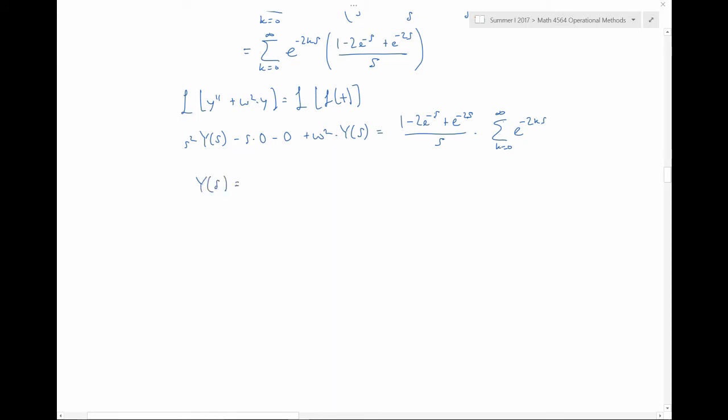Solving for y of s gives us the following. And all we need to do now is to invert this Laplace transform to get y of t. Again, this is easier to do with Mathematica.